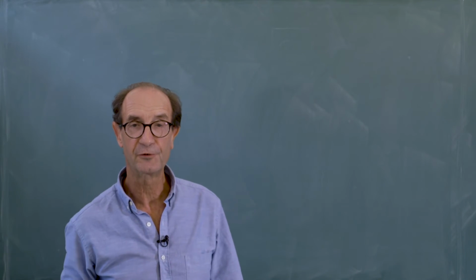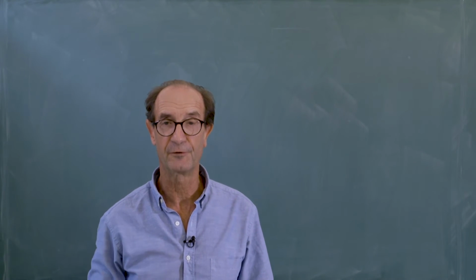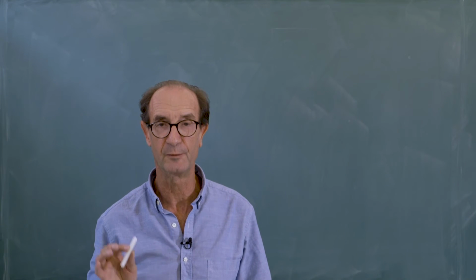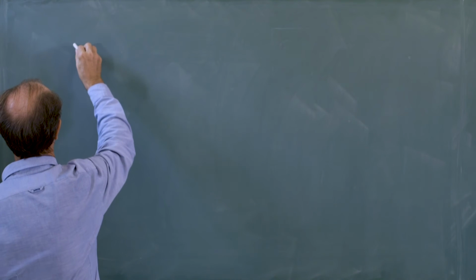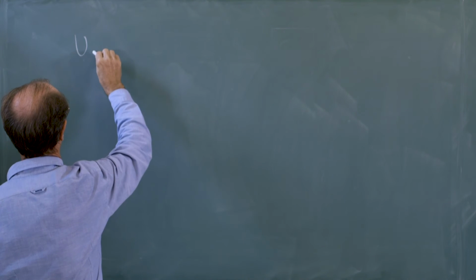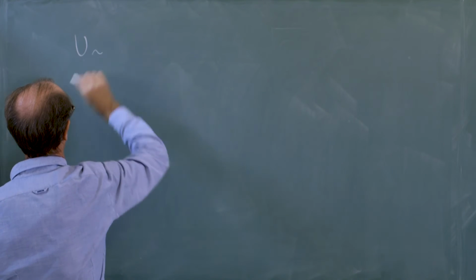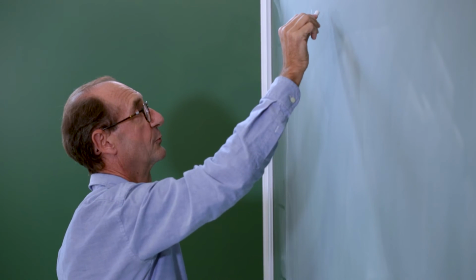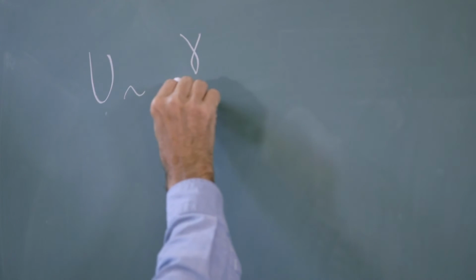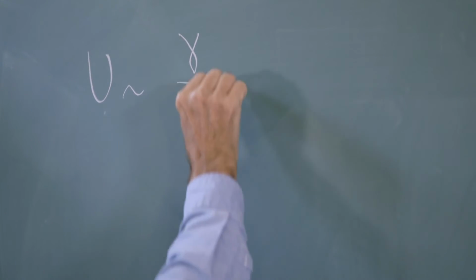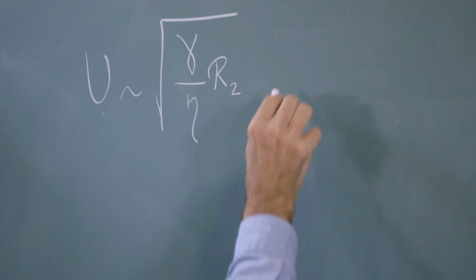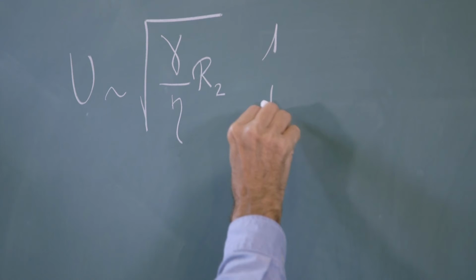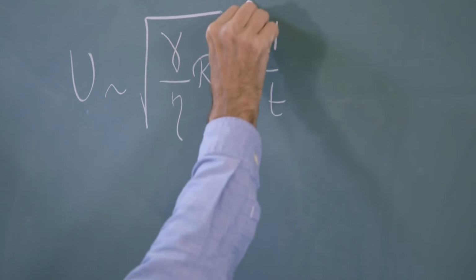We will now use the derivation that we've done for the previous experiments to introduce a very important quantity, which is the capillary number. If you remember well, in this experiment, we arrived at the following result, that the velocity of the liquid within the tube is proportional to the square root of surface tension divided by viscosity multiplied by the radius R2 of the tube and multiplied by the inverse square root of time.